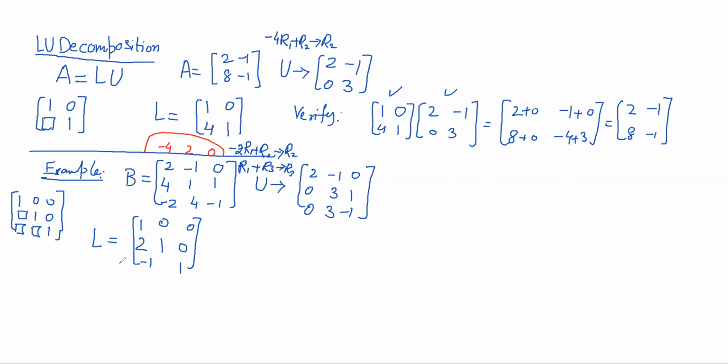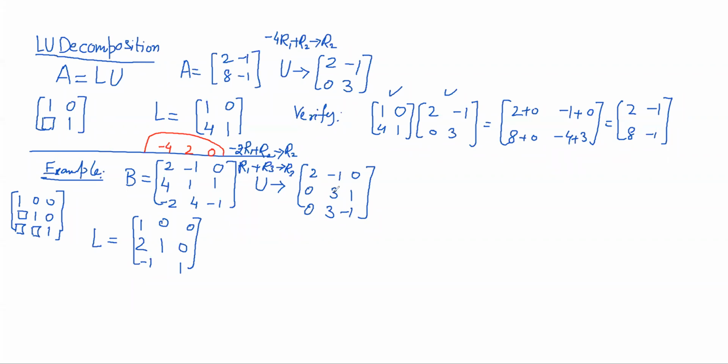Okay. So now if we want to get this number over here, we move our focus to the second column and the second row. Here we will have 3. So 3 will become the pivot number.